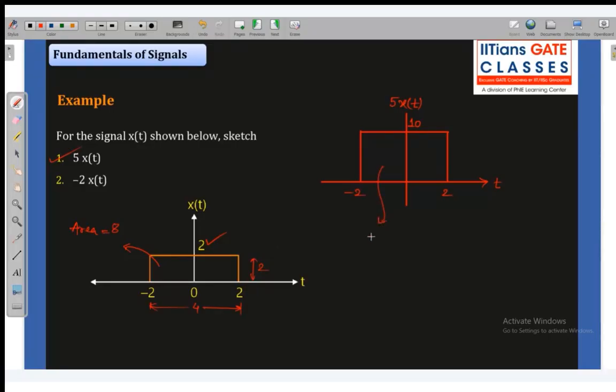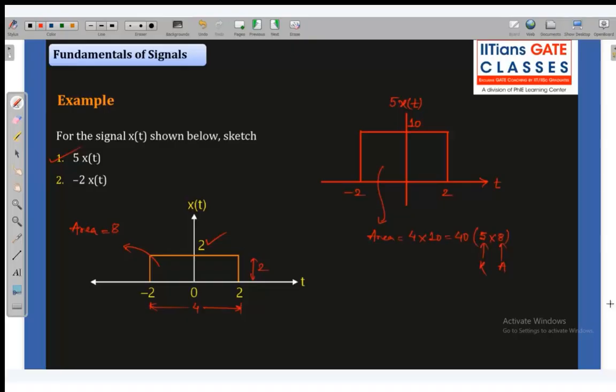Now the width is 4 and the height is 10. You can say this is 40, or you can say 5 times 8. So this 8 is the previous area, and this 5 is the scaling factor.